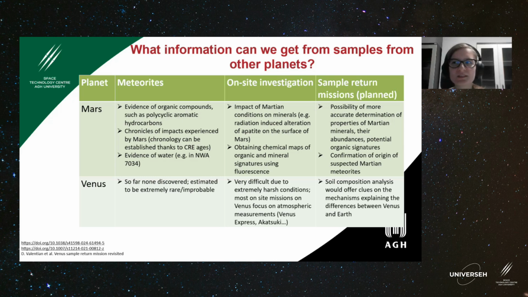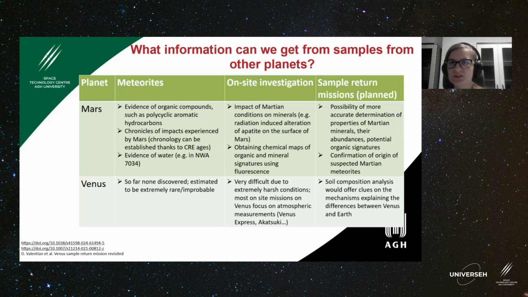But Martian meteorites allowed us to find evidence of organic compounds, for example, polycyclic aromatic hydrocarbons. The Martian meteorites can also be considered kind of chronicles of impacts experienced by Mars. Chronology can be established thanks to cosmic ray exposure ages, and some Martian meteorites even carry evidence of water, which was later confirmed by on-site investigation.